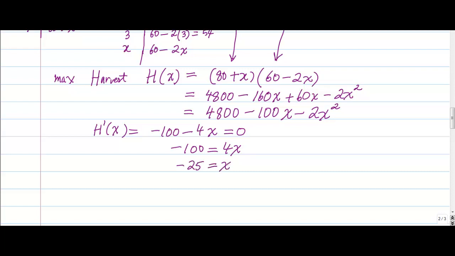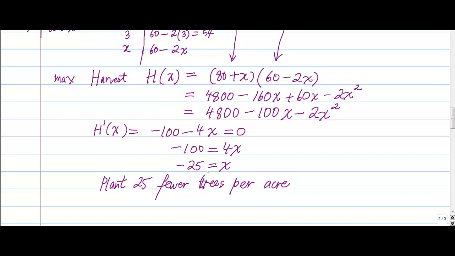So how can x be negative? Well, if x is the number of additional trees per acre, then negative 25 means he should plant 25 fewer trees per acre.